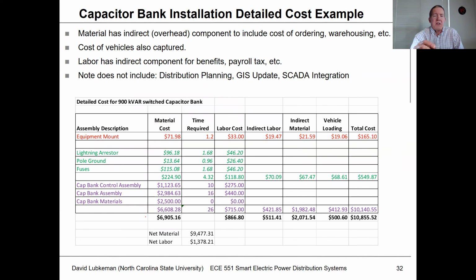And you can see that it takes something as simple as a capacitor bank. Let's say this is a 900 kVAR capacitor bank in this case. Well, you'd have the cost of all the components, just as I mentioned before. You've got the equipment itself that has the capacitor components, but then you would have to put a lightning arrestor on it, and you've got to ground it, and you've got fuses, etc. You've got the control for this.